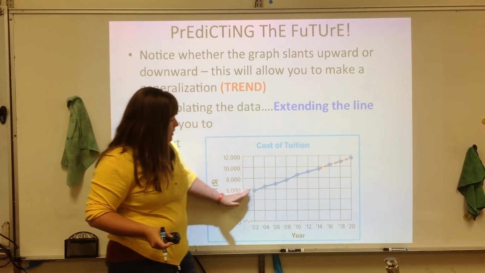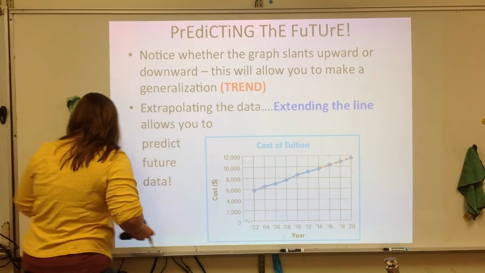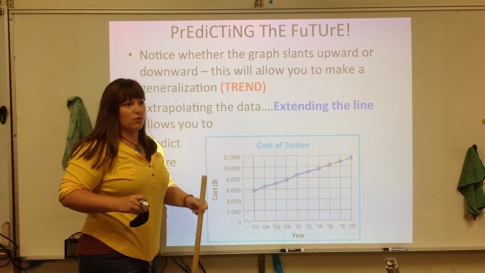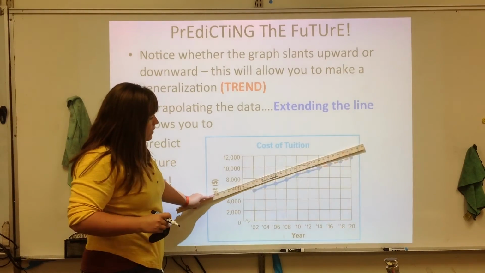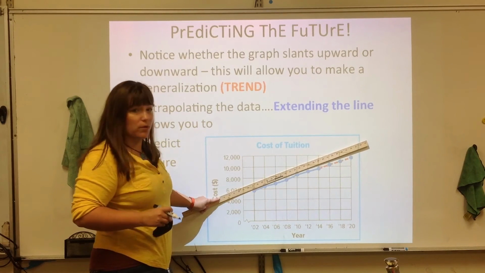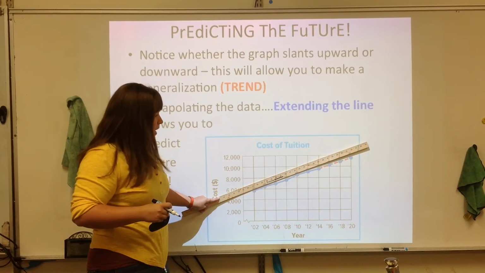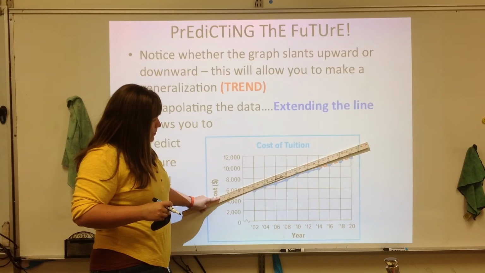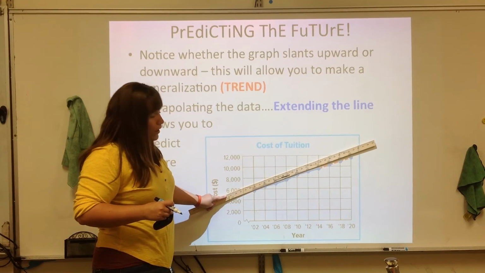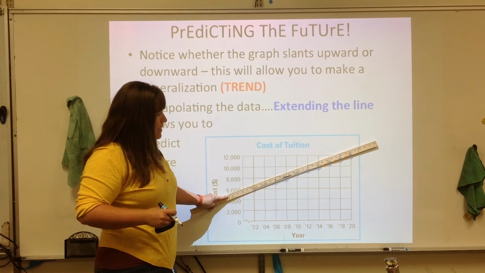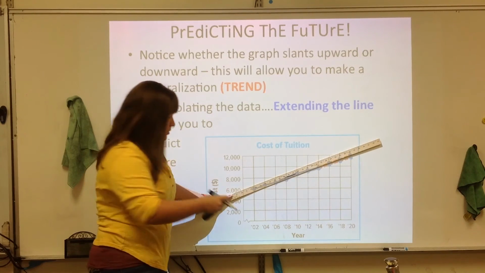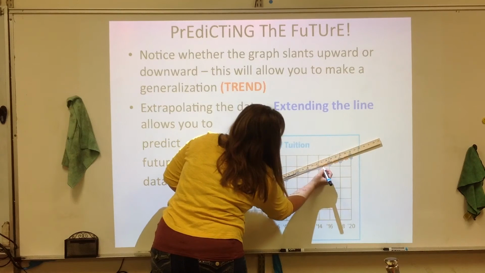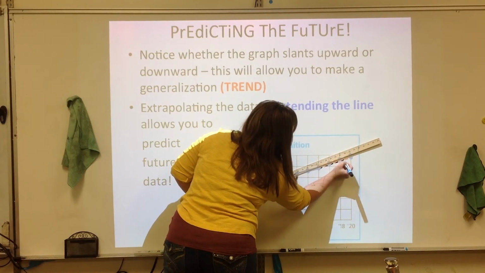So I would take a ruler. In order to extrapolate the line, you would take a ruler, and in the general slope or the slant of the line, I would put my ruler on the actual data line and then extend it. That will give me the line that I need to actually pretend it's going to go in that direction.